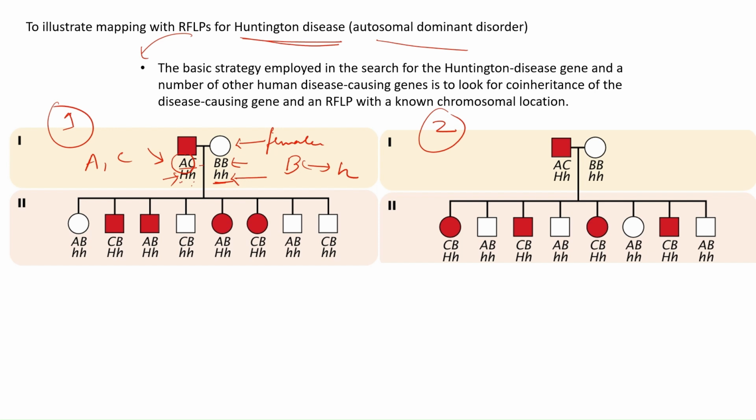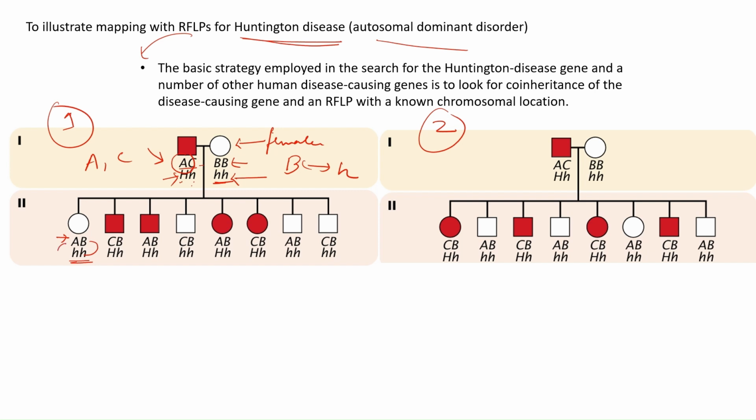Now, if we see the offspring, here A and B are inherited and the offspring is disease free, with small h, small h. If we consider that B is linked with small h, then one small h is because of this B gene, because B is inherited, therefore small h is also inherited.